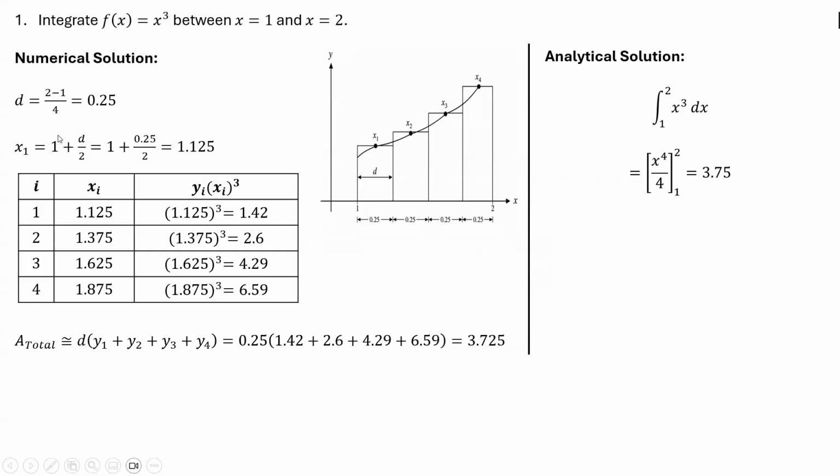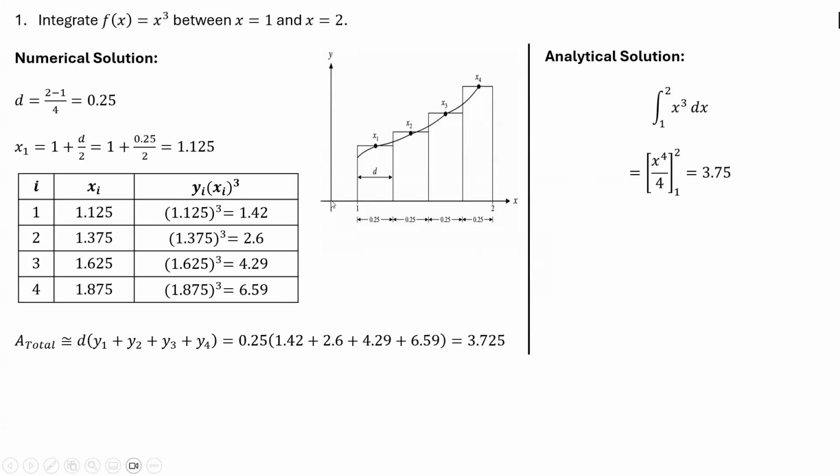So how can we find all the heights? The width, which we will multiply, we can find through the difference between the limits divided by the number of strips. The upper limit is 2 and the lower limit is 1, and we divide by the number of strips, which is 4, and it becomes 0.25. Now if we want the height x1, it will be 1 plus d by 2.